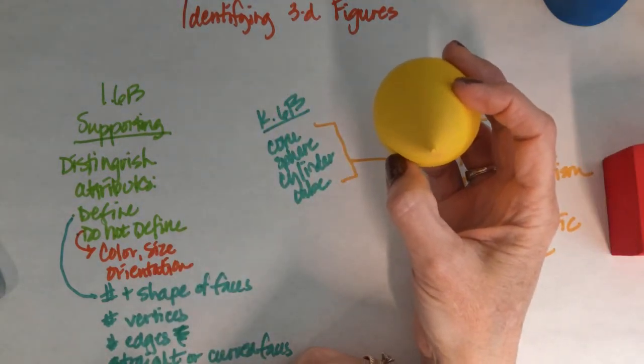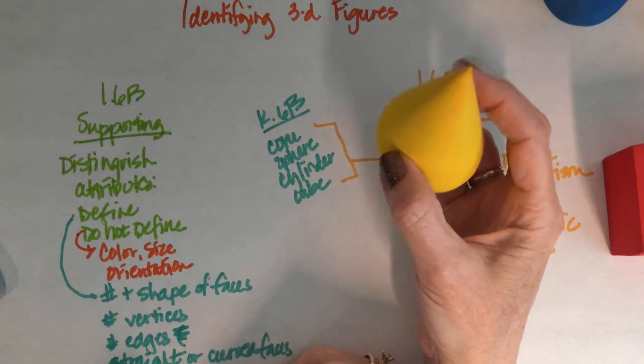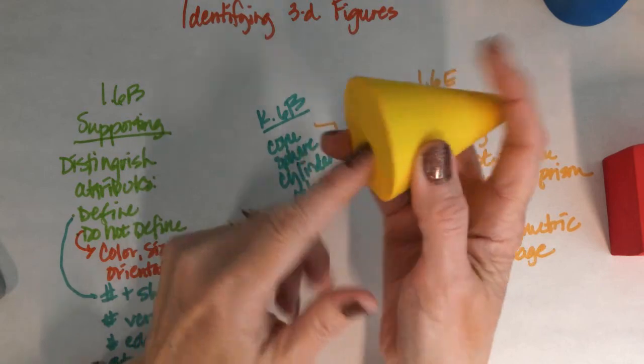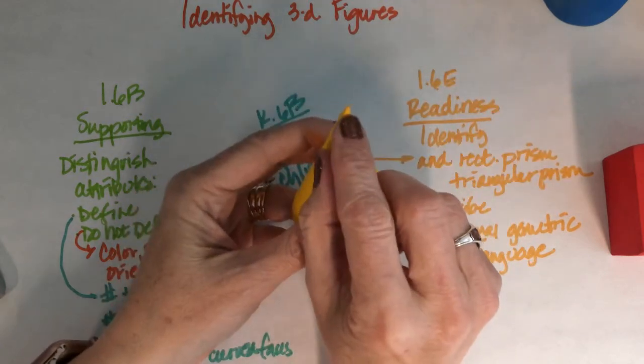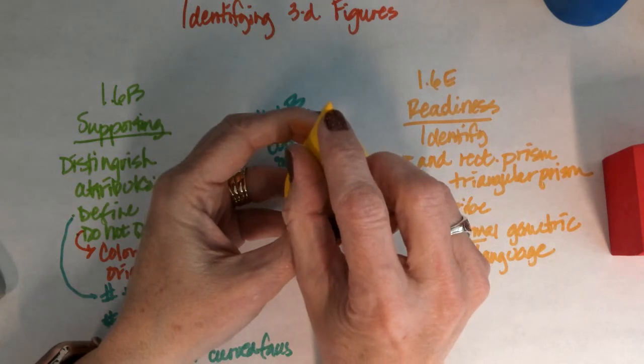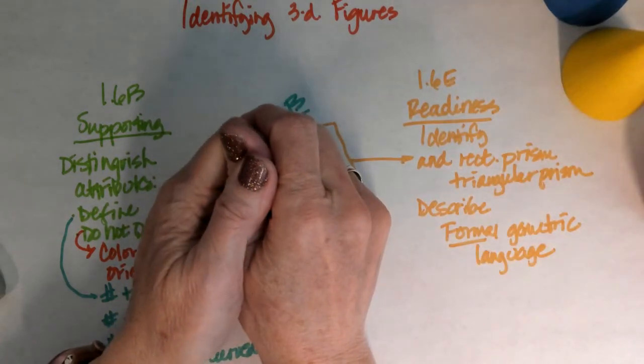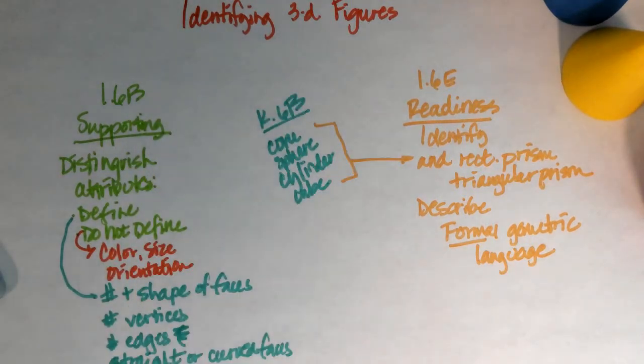If there are no edges to meet, it can't be a vertex. So we teach that this has one face and one point, not a face and a vertex. Okay? So let's make sure we're real clear on that, so that we are teaching that proper academic vocabulary and building that understanding.